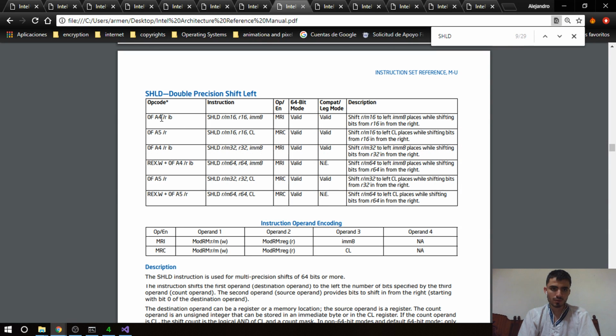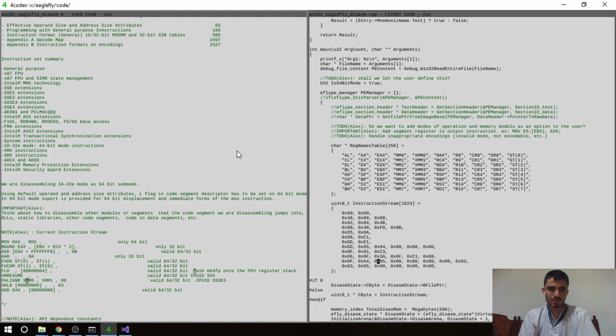Yeah, OF A4 O5 displacement immediate. So we have this one, or it can be this one. Yeah, because this is 16, we have 32 one.